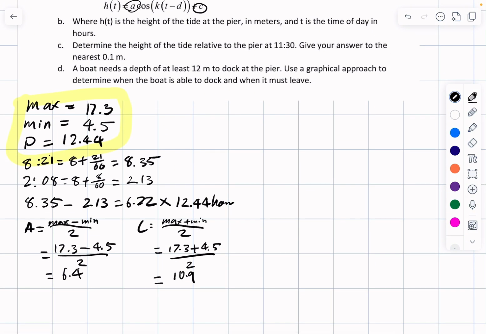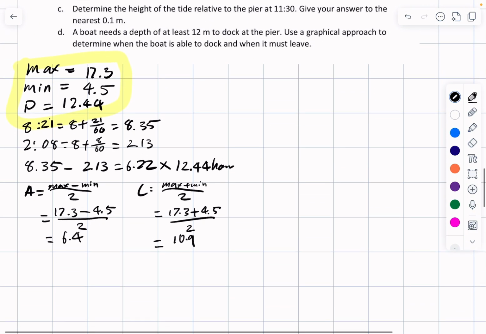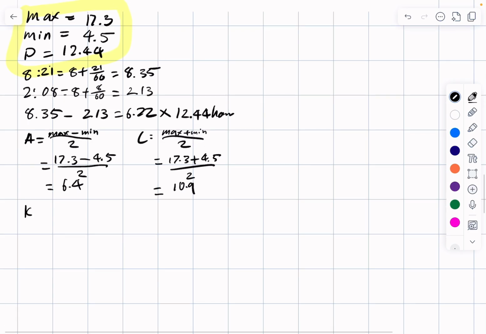Let's find the K. So the K is 2 pi divided by the period. As we know, the period is 12.44, so it's 2 pi over 12.44, which equals 0.505.